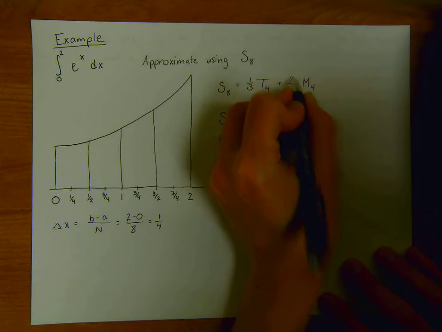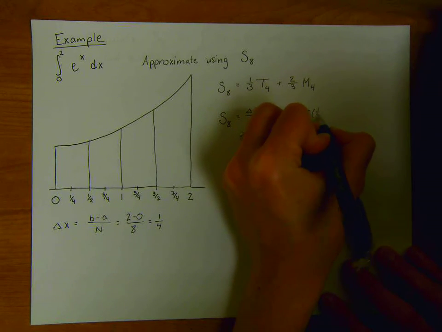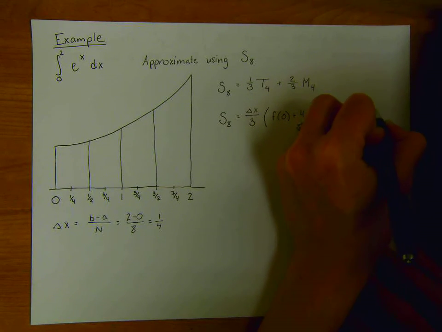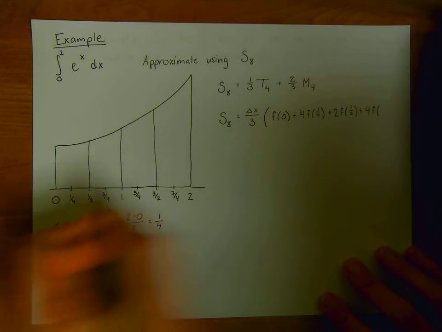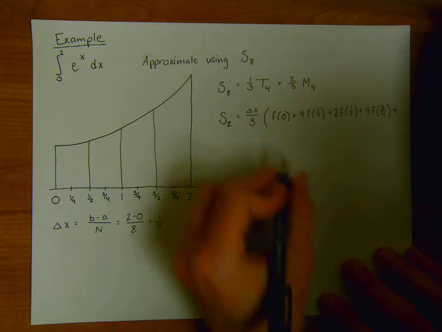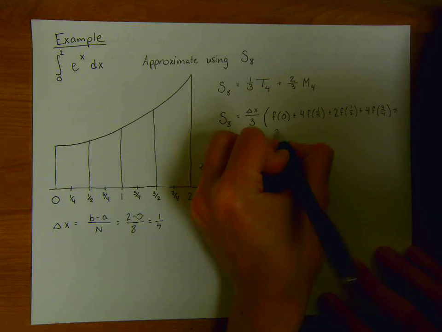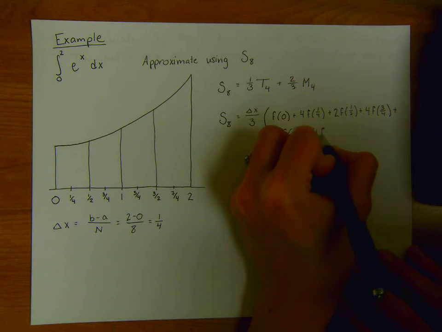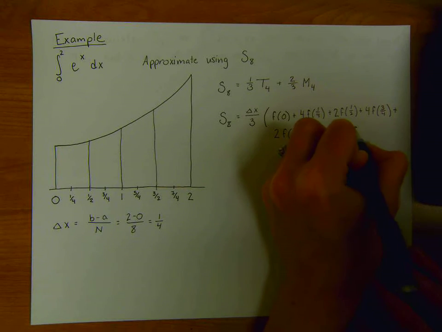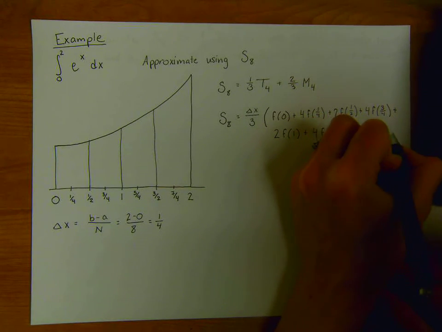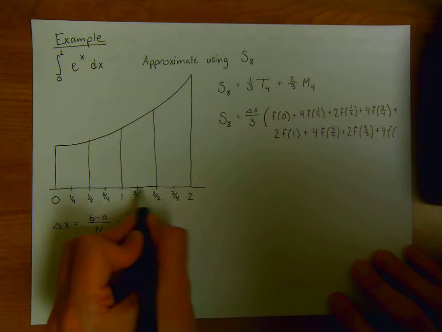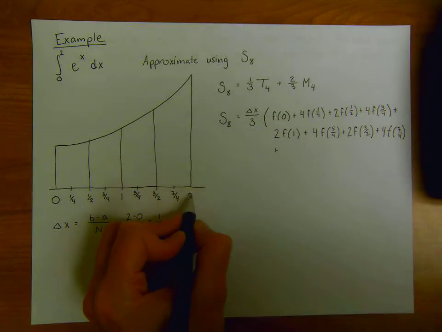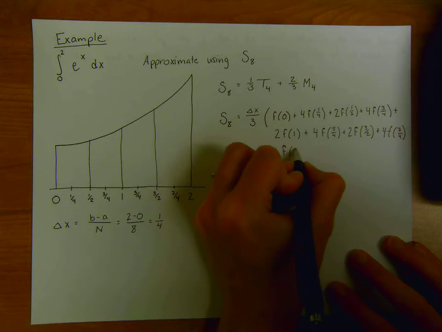We want 4 copies because it's weighted more heavily. 4 copies of f of 1/4, plus 2 copies of f of 1/2, plus 4 copies of f of 3/4, plus 2 copies of the endpoint f of 1, plus 4 copies of f of 5/4, plus 2 copies of f of 3/2, plus 4 copies, I know this is a little tedious, of f of 7/4, look, we're almost done, plus just 1 copy of the endpoint, 1 copy of f of 2.